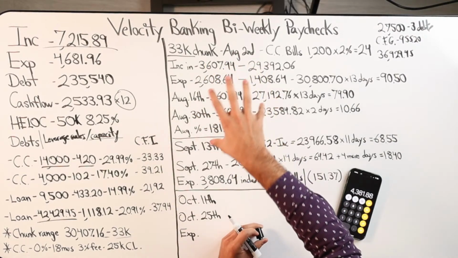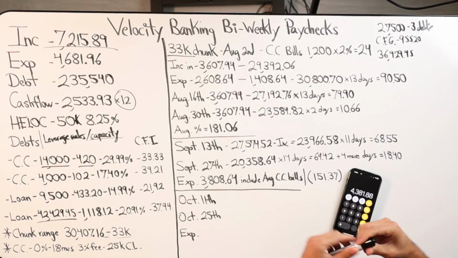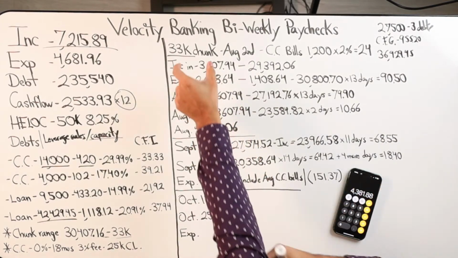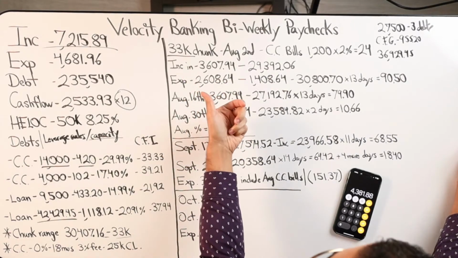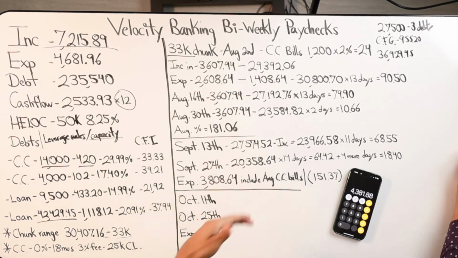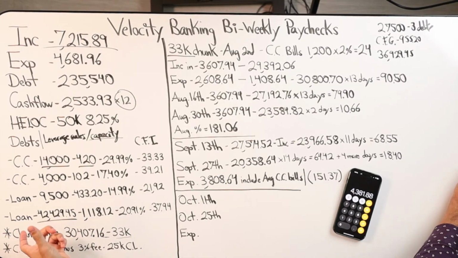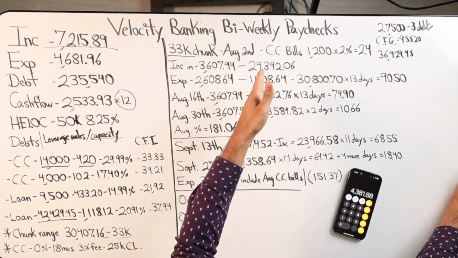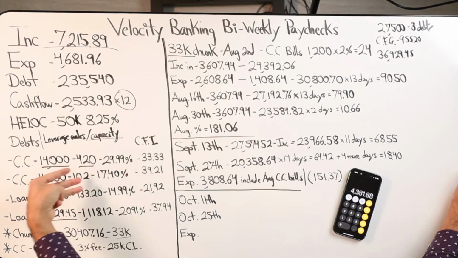But for the sake of dealing with a newbie in velocity banking, sometimes what I like to do is have the client use part of our chunk to actually satisfy the payment only when we're dealing with a debt that we're not actually paying off in full with our chunk. So far, our first chunk, 33 grand, we paid off 3 debts for sure.